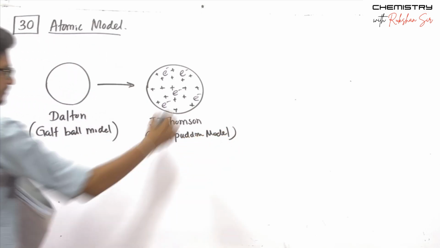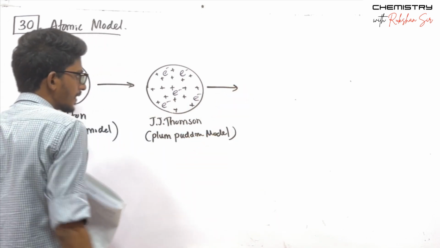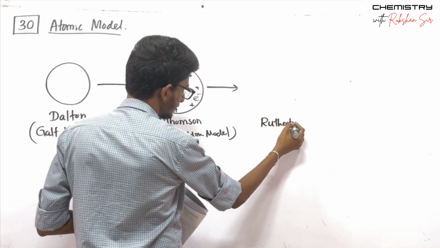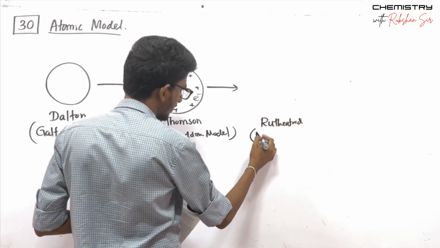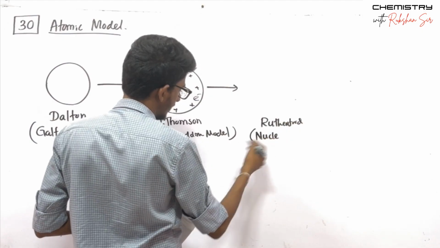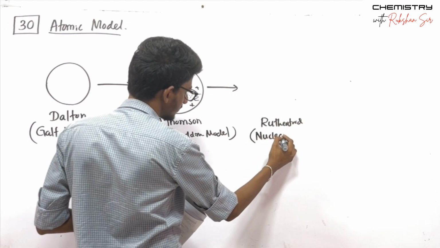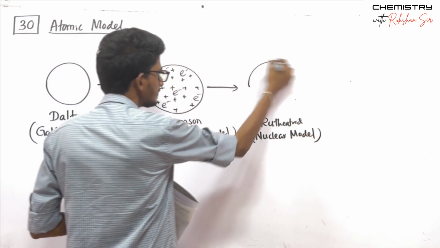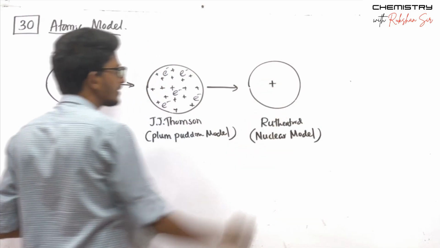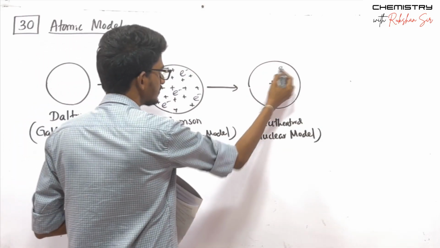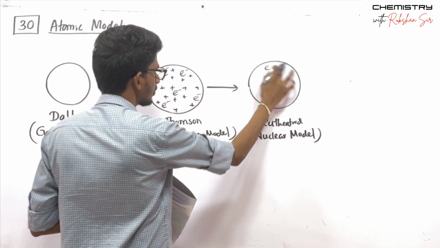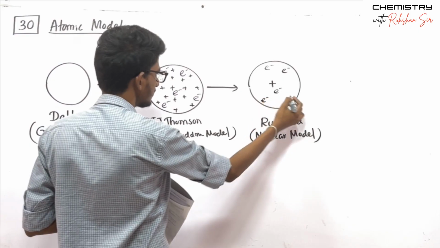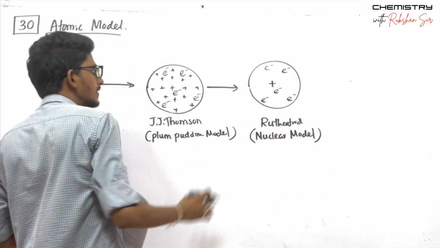Then, this was disproved by Rutherford after he came up with the nuclear model, introducing the nucleus to the atom. So electrons are appearing here and there. Nuclear model.